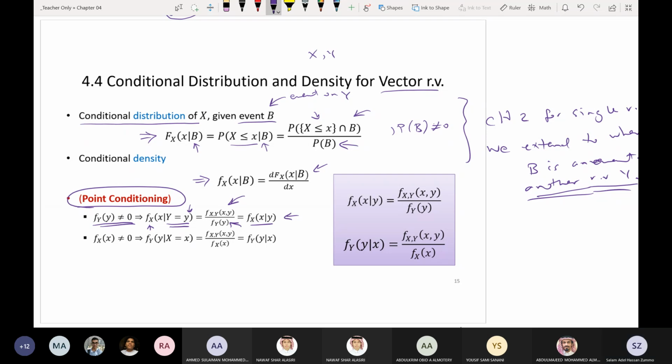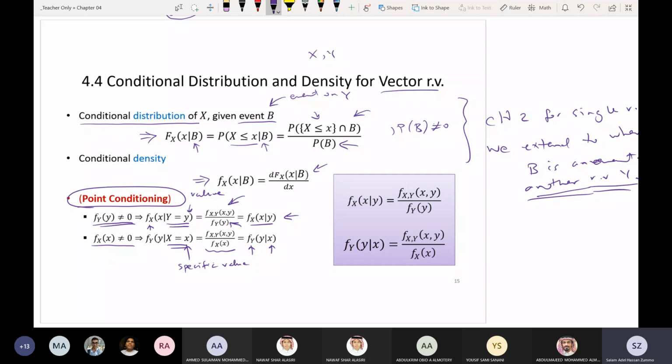Similarly, the conditional PDF of Y given X, which we read as given X equals a specific number, with x here a specific value and y here a specific value, is equal to the joint PDF of X and Y divided by the marginal PDF of X. Again, this assumes that the PDF of X at that value x doesn't equal 0.